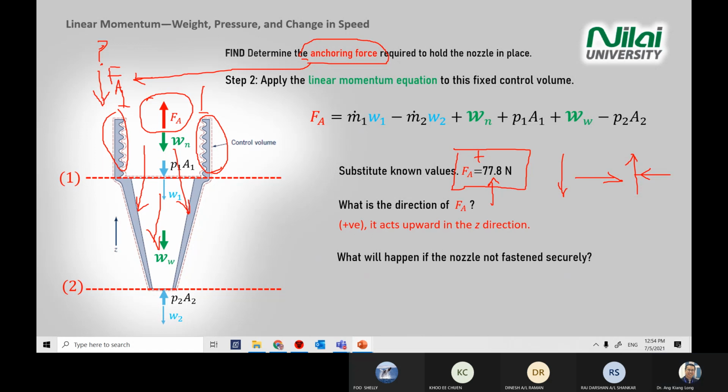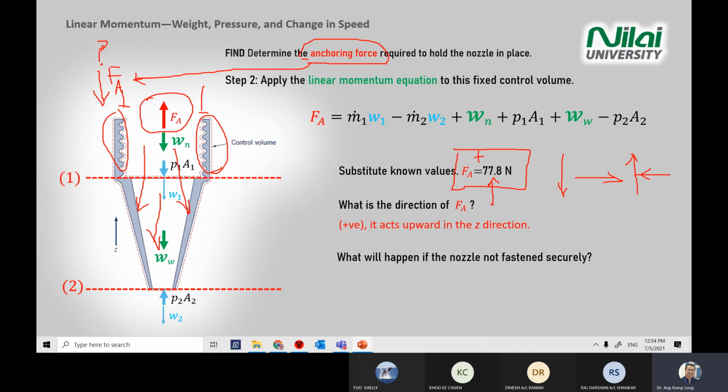For example, in this case, the anchoring force is 77.8 Newton. What if the designer designed this structure and put in an anchoring force of maybe 50 Newton? What do you think will happen to the nozzle?